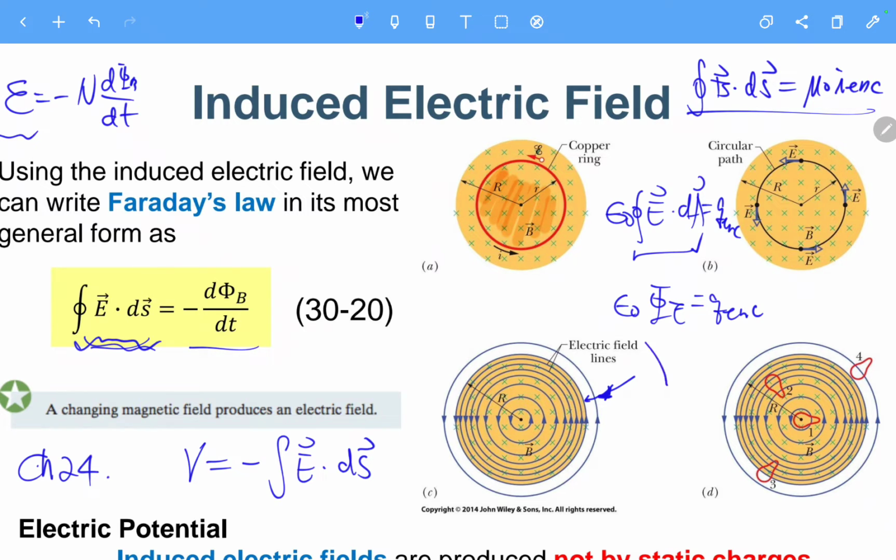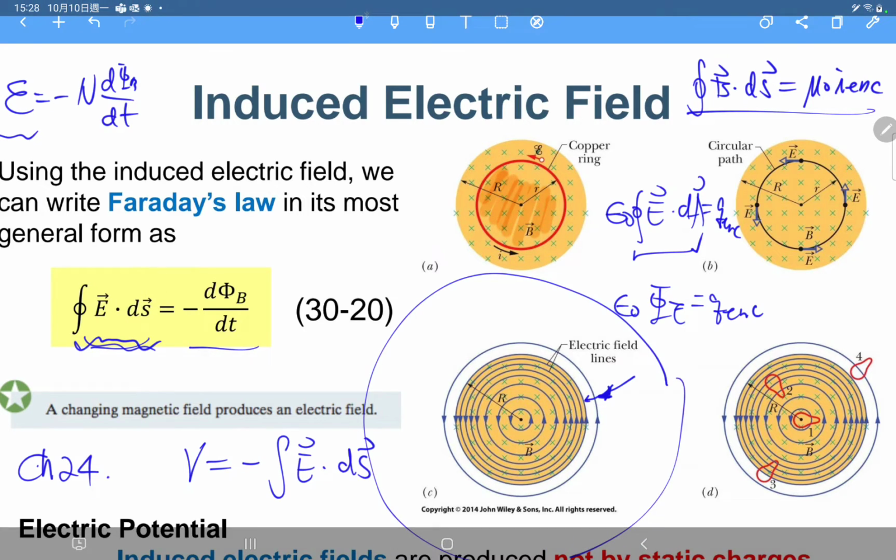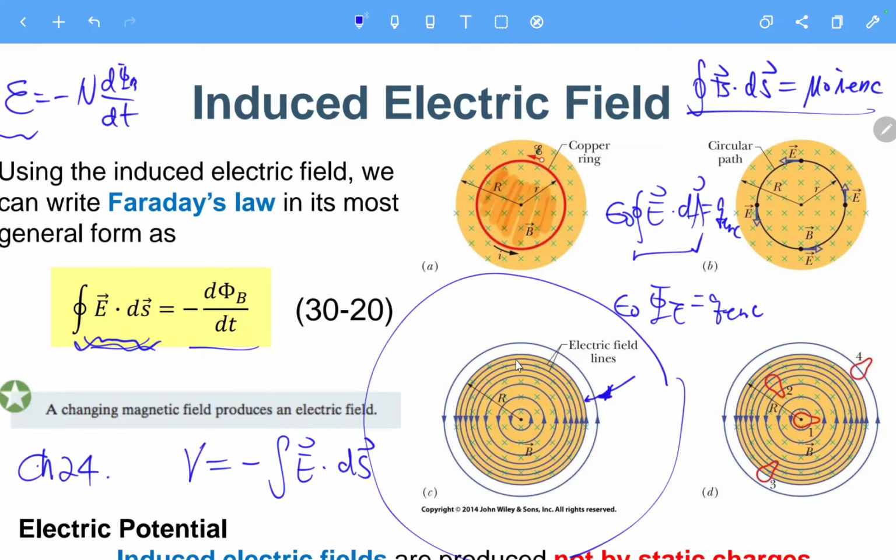So even though the loop is as large as this one, it still counts only the yellow area. But at least it is not zero, so we still have an induced E field outside the yellow area. Of course it will be smaller and smaller because the loop is longer and longer.